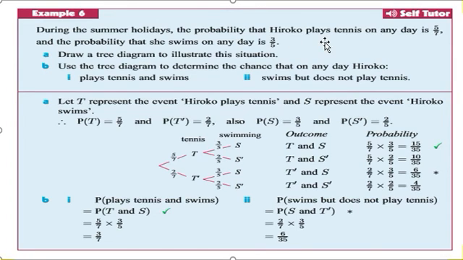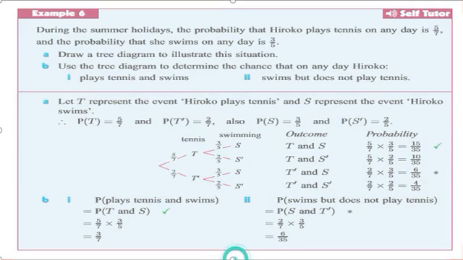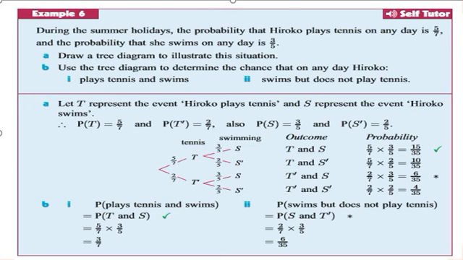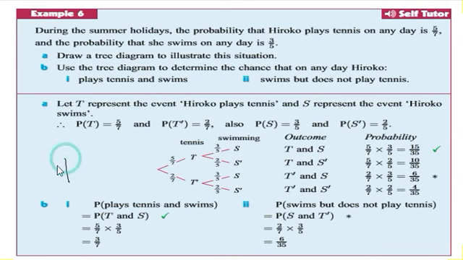Okay, so there's 2 events happening, tennis and swimming. Okay? So when you see this symbol, that means not being able to play tennis. Okay? So draw a tree diagram.